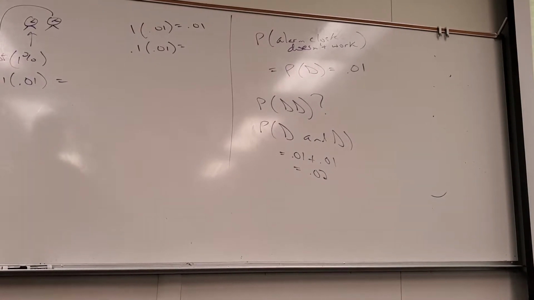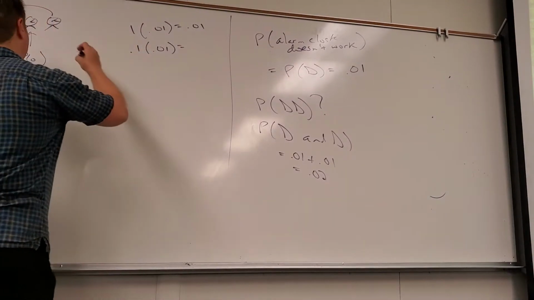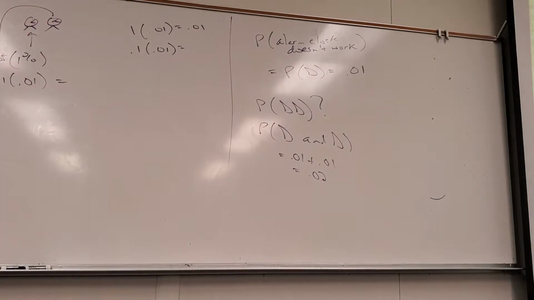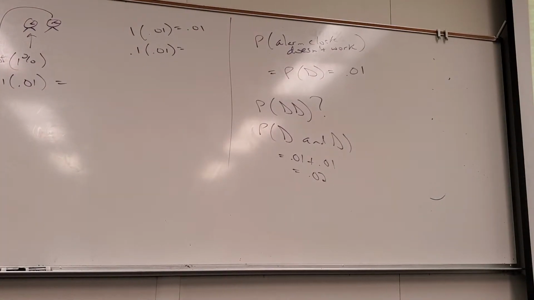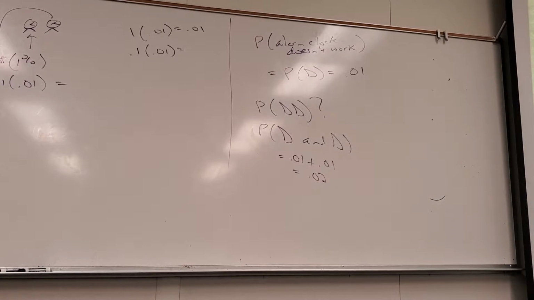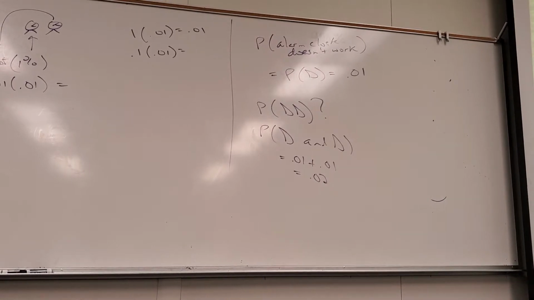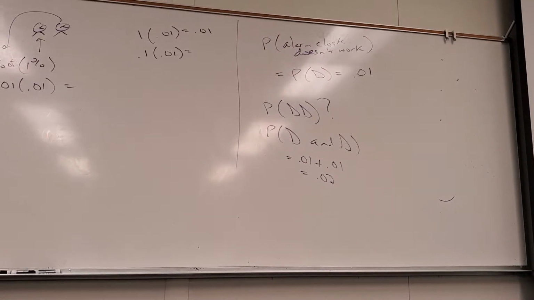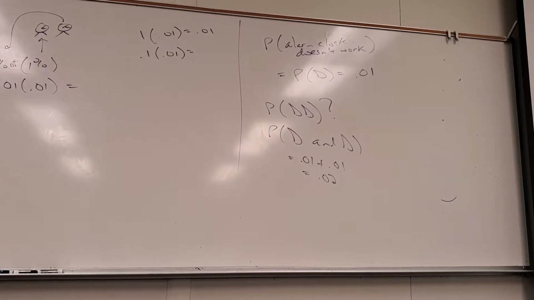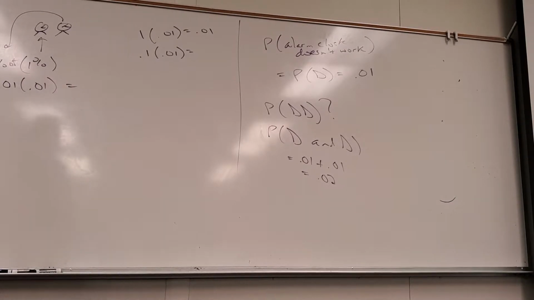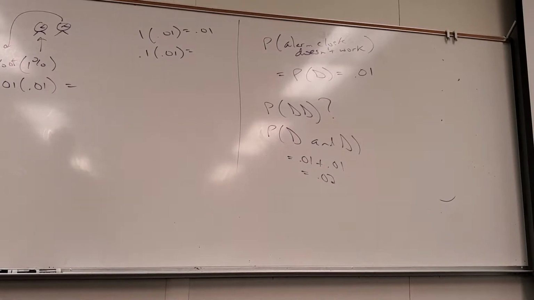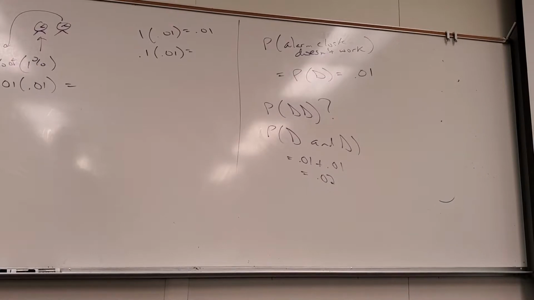Let me do this just because. Side note. What place is this? 12.79. What place is this? 10s. So that's 10 plus 2.